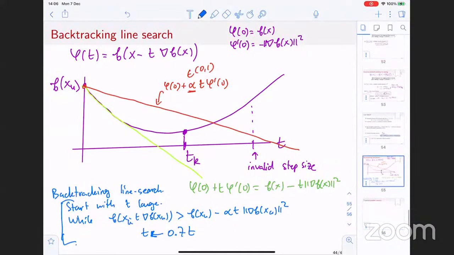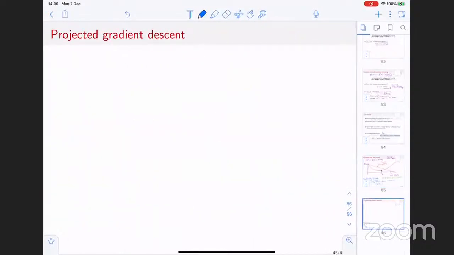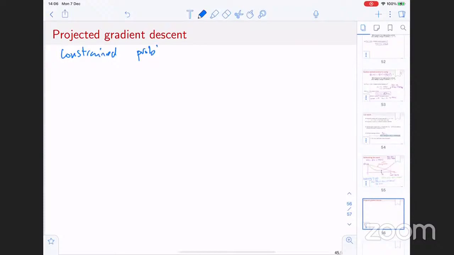Okay, so let me talk briefly about projected gradient descent, which is what happens if you have constraints. A constrained problem. I'll just say a few words here.